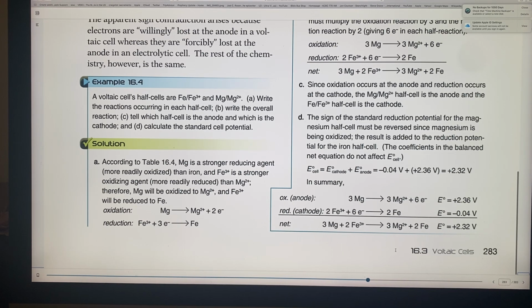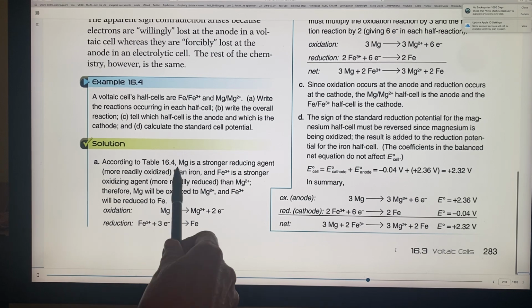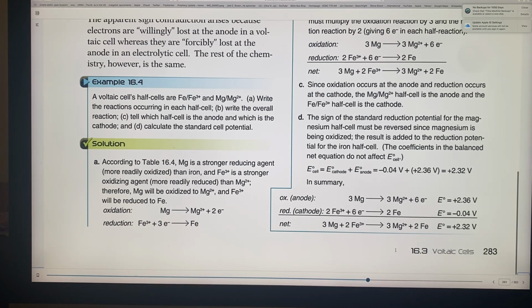So according to the table, magnesium is a stronger reducing agent than iron is. And iron is a stronger oxidizing agent, more readily reduced than magnesium.